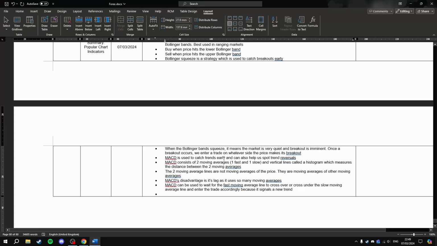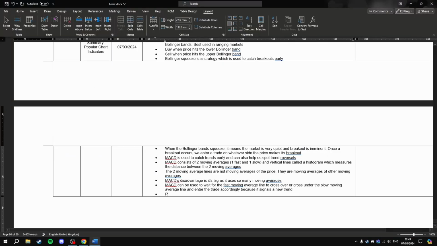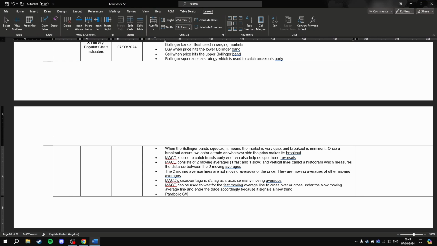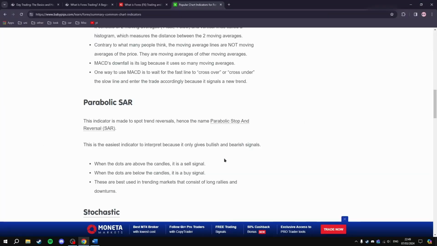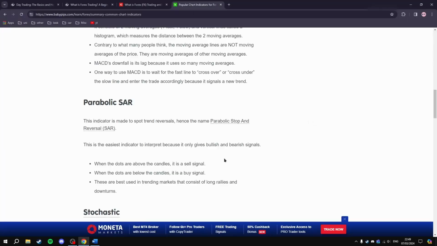Parabolic SAR is an indicator used to spot trend reversals. This is the easiest indicator to interpret because it only gives bullish and bearish signals.